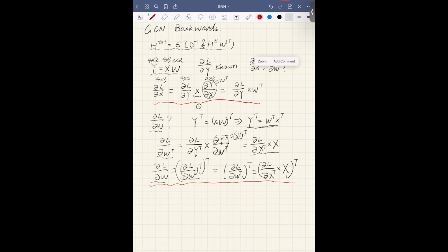Here, we have already checked the shape for this. Oh, sorry, I wrote one term wrong.